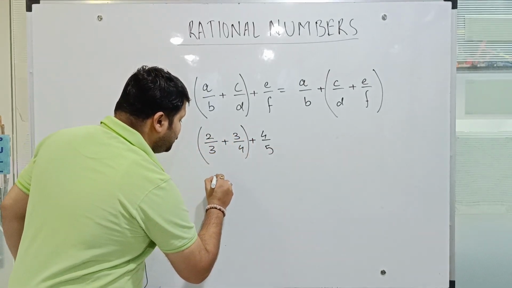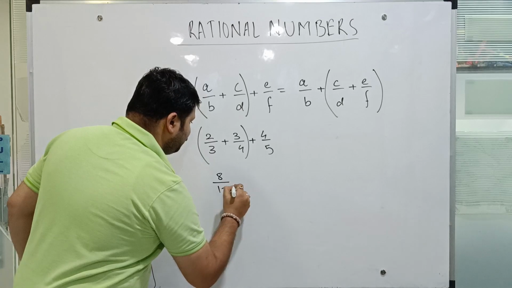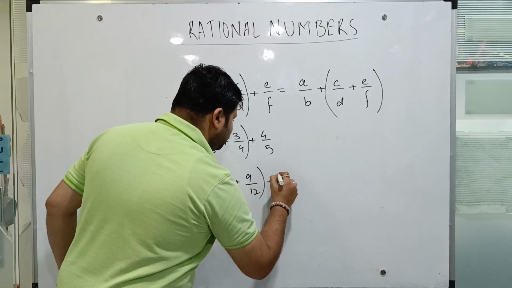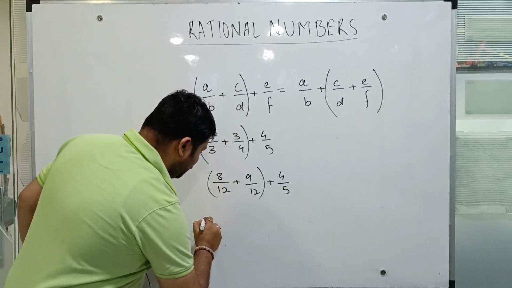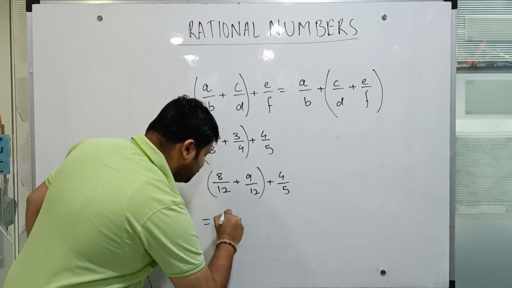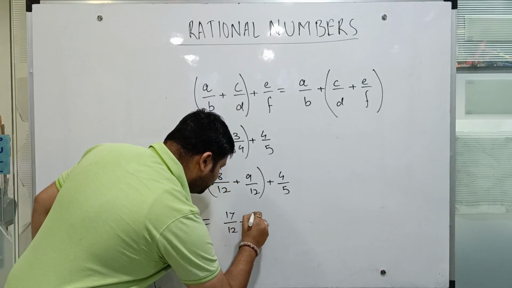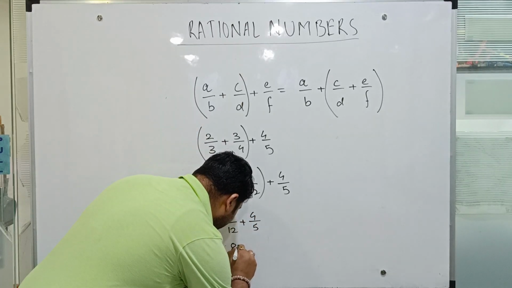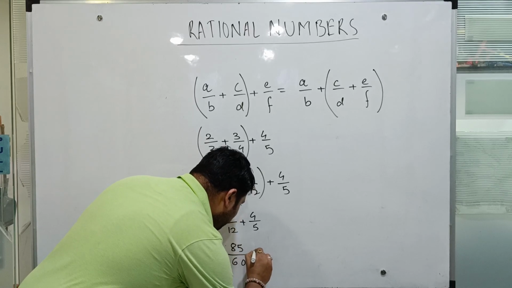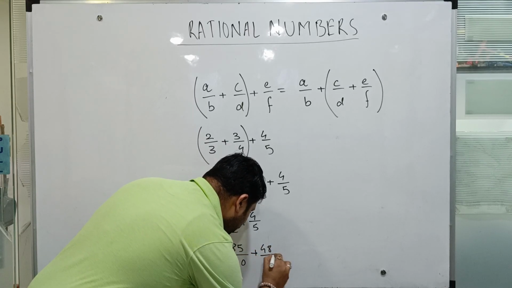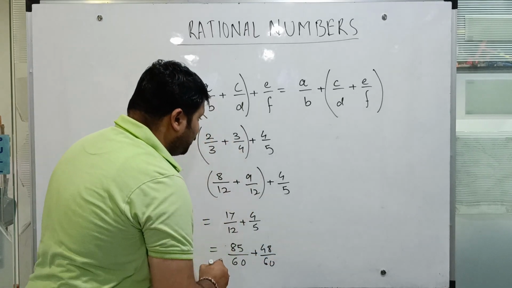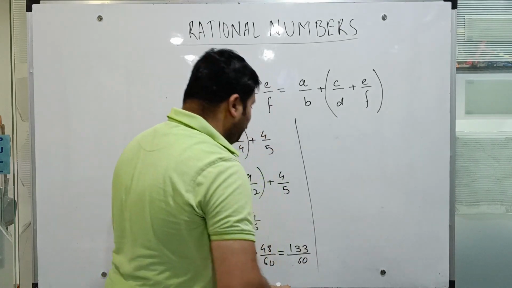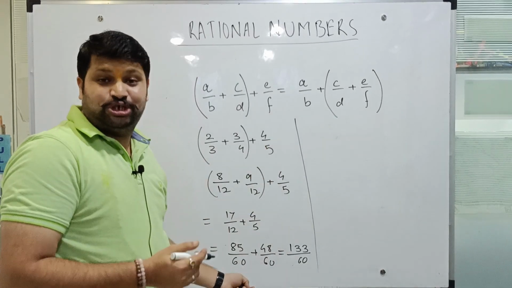So that would be 8 upon 12 plus 9 upon 12 plus 4 upon 5, giving me 17 upon 12 plus 4 upon 5, which would be equal to 85 upon 60 plus 48 upon 60, giving the final answer as 133 upon 60.